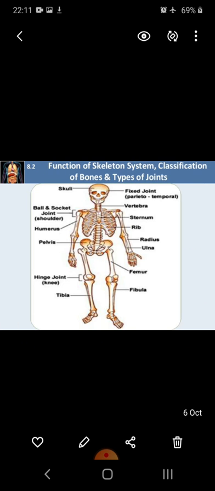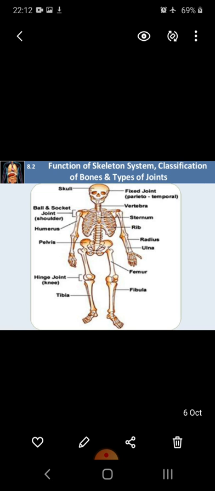The skeletal system is the bony framework of our body, consisting of 206 bones in an adult and 270 bones at the time of birth. The human skeleton serves major functions like support, movement, protection, etc. So this is the structure of our skeletal system.